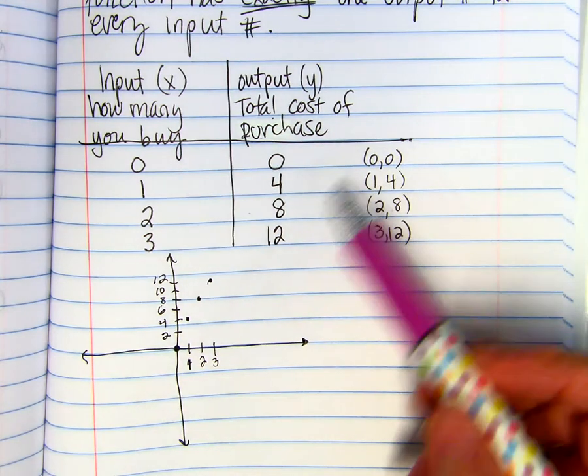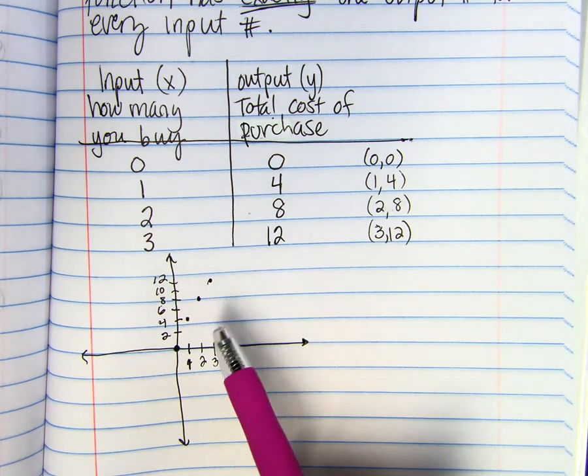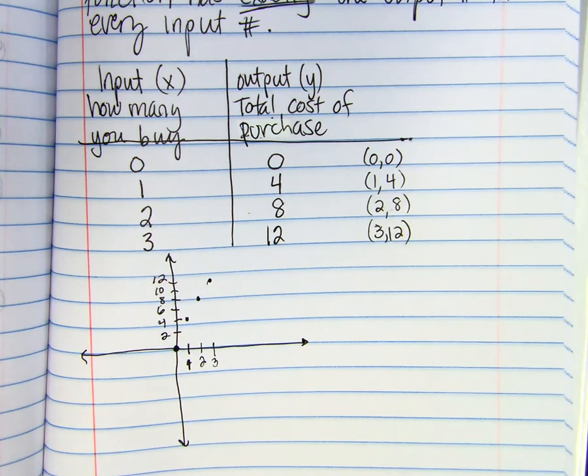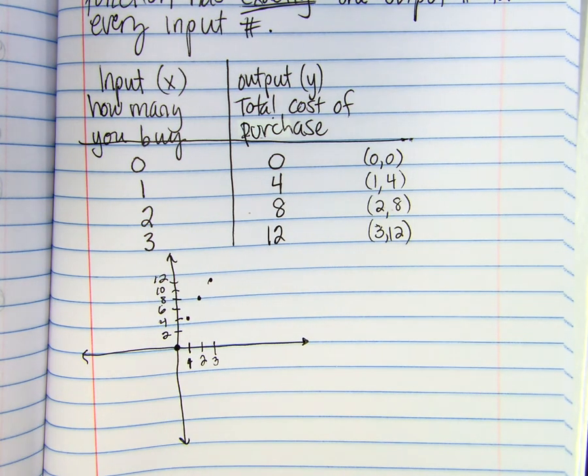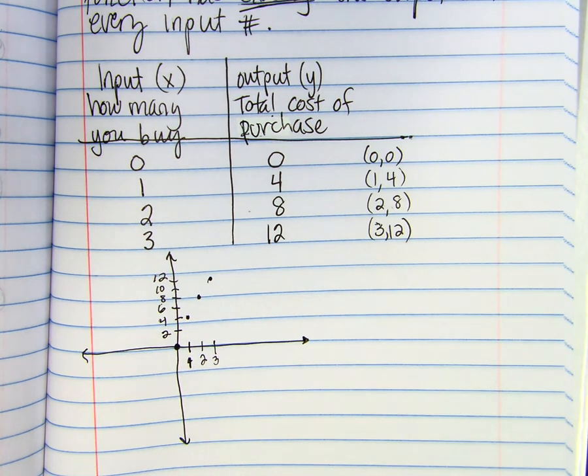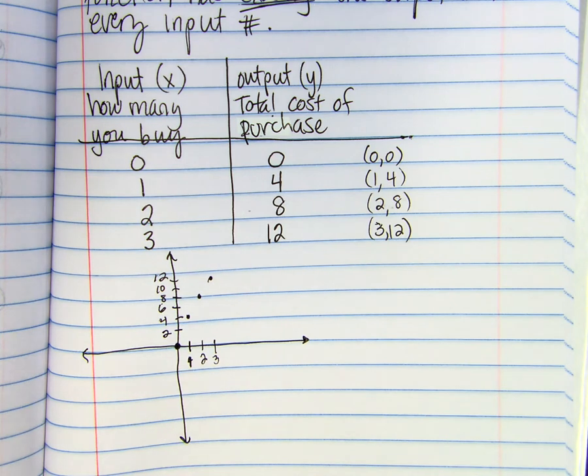If I connect the dots, that means I could buy 1.5 water bottles. Would it make sense to connect the dots? No. So in this problem, we would not connect the dots. If you could get a fraction of whatever you're buying, let's say pounds of apples, then you can connect the dots because you can have fractions of pounds. Okay, that's the end of our lesson.